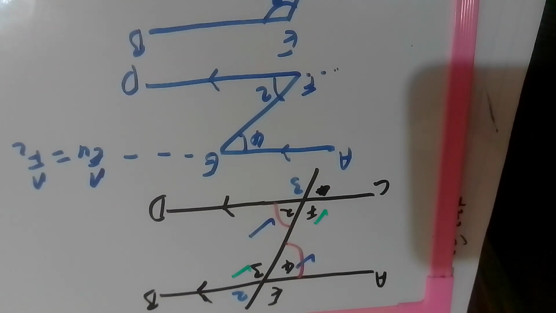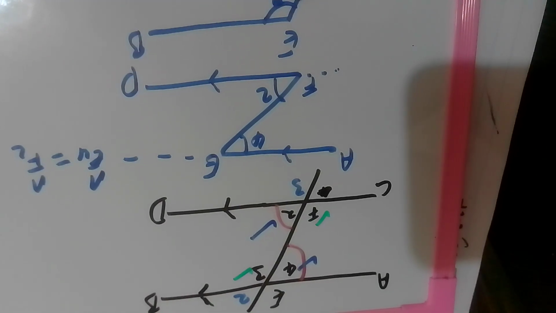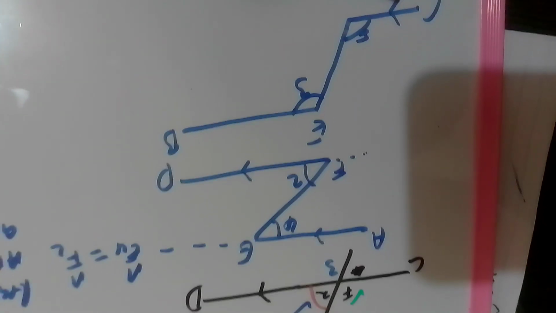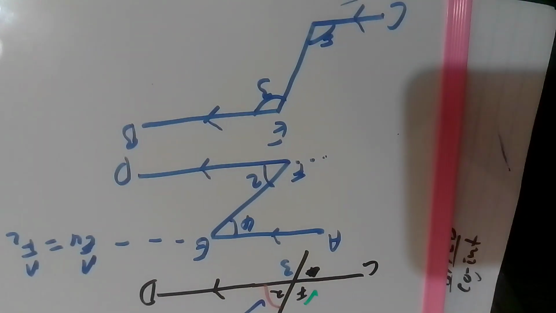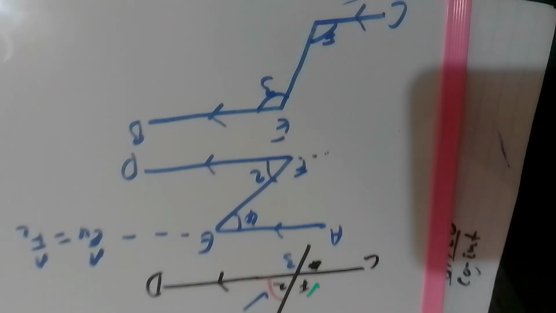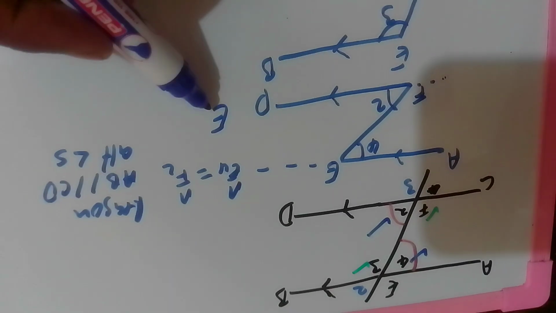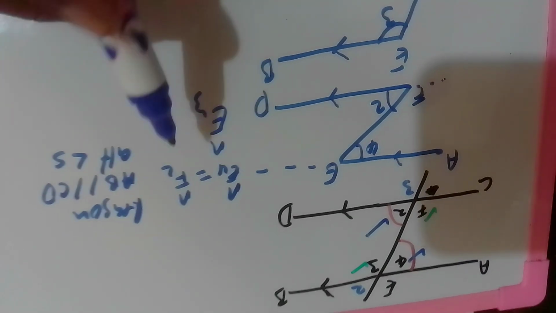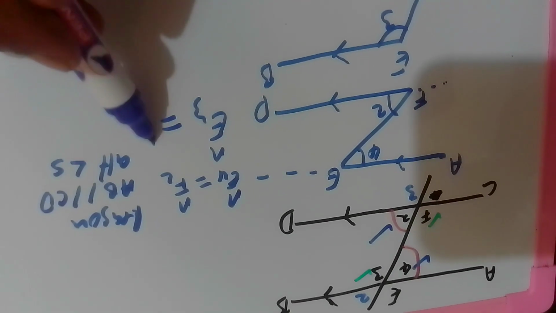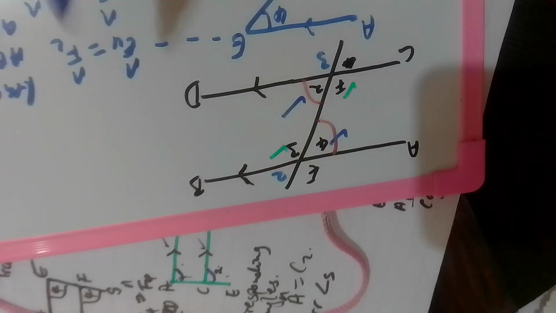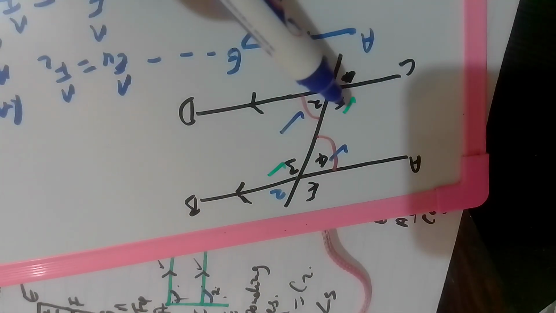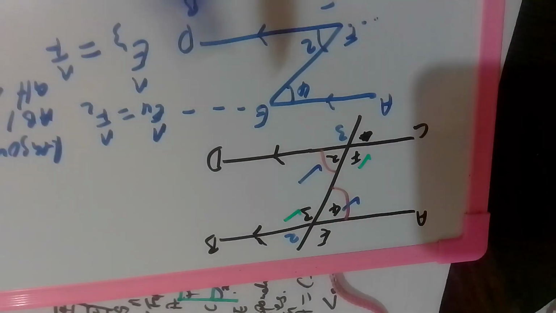right? So we're saying that this angle here is equal to that angle. Let's not forget that these two lines are parallel to each other. So now we say angle E3 is equal to angle F. And why is that?